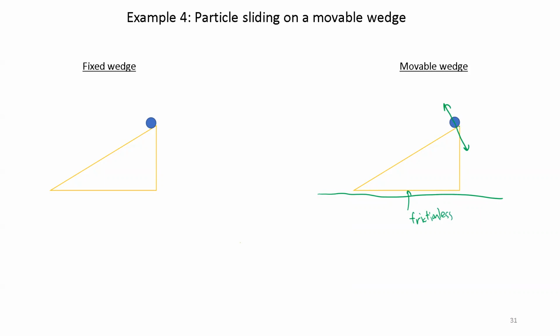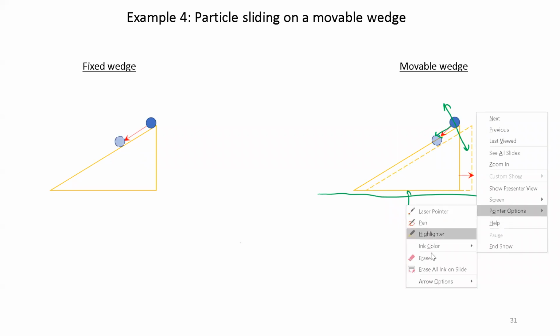So as this particle slides down, of course this wedge will slide to the right, because the reaction force over here has a horizontal component to the right. So if you consider what happens next, it will look like this.